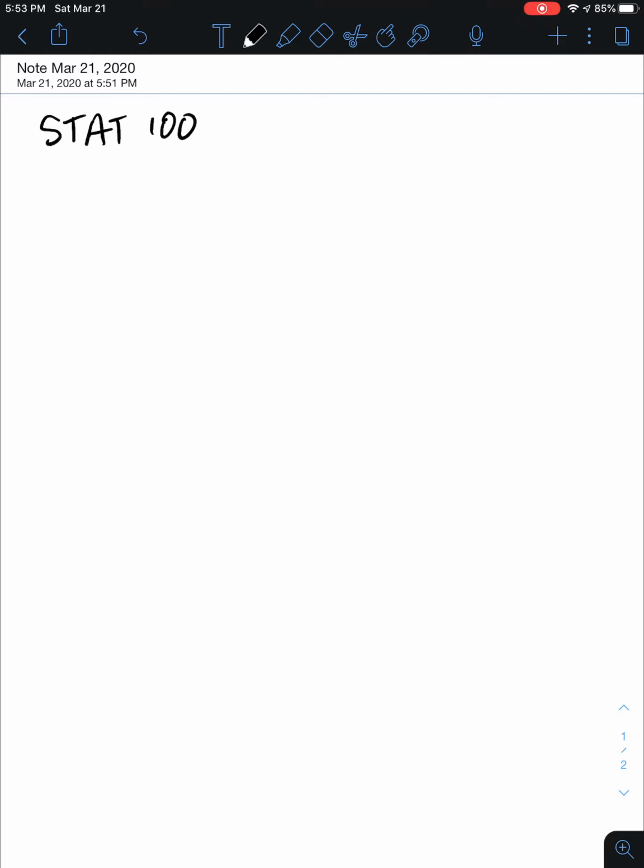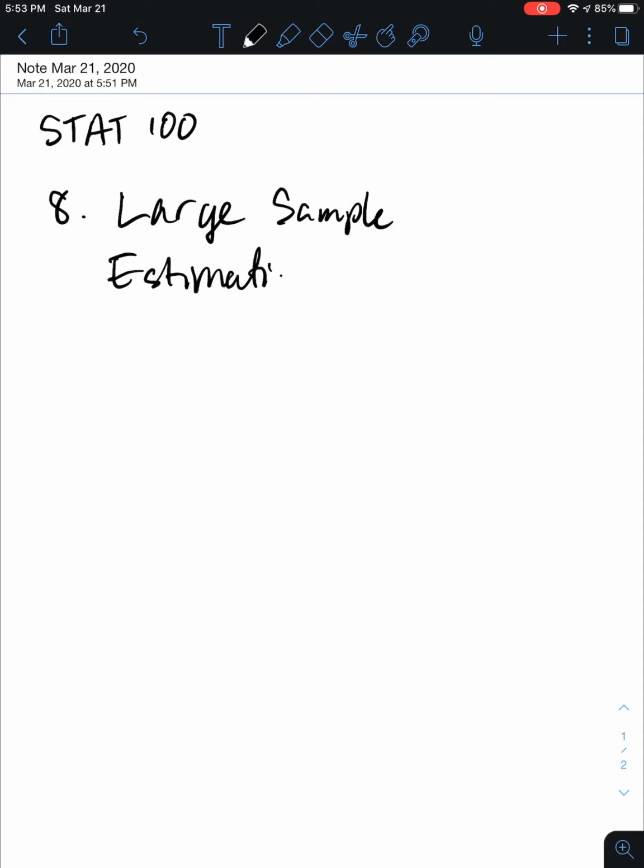The subject of this chapter, Chapter 8, is large sample estimation. And these two phrases both mean something. Large sample means our sample sizes are at least 30.